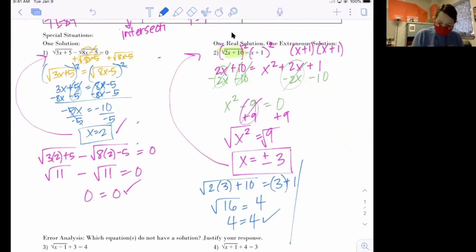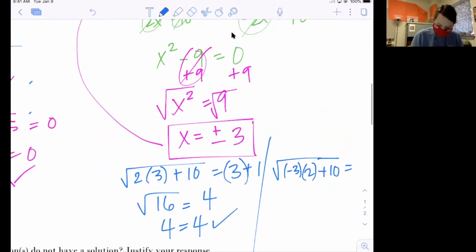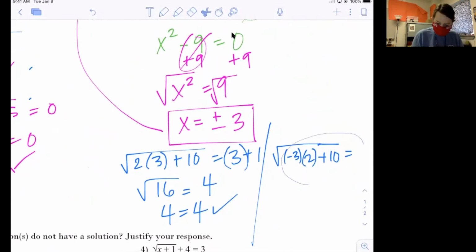So now we're going to plug in our -3. So I have the square root of 2 times -3, plus 10 equals -3 plus 1.